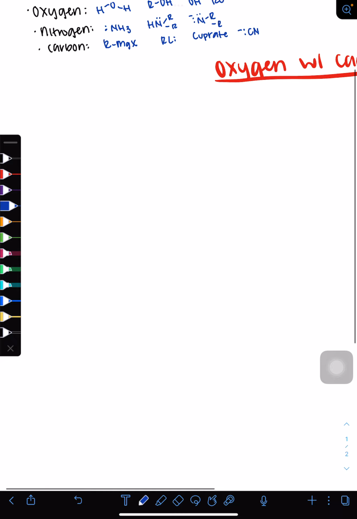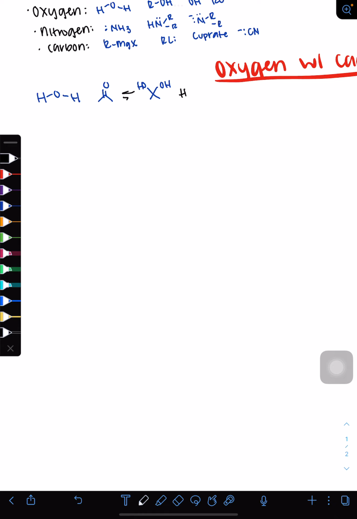So if we have water react with this ketone, we should get this, which is a hydrate, or in general, a diol.